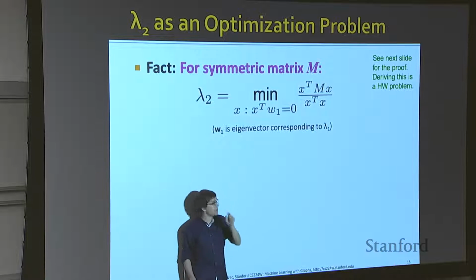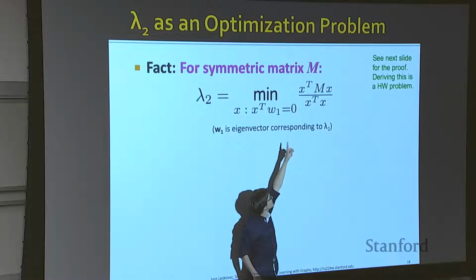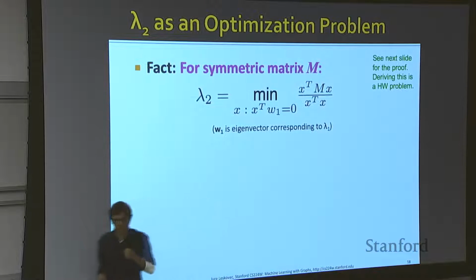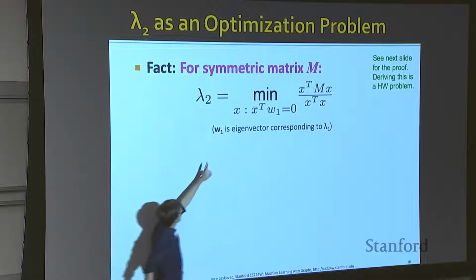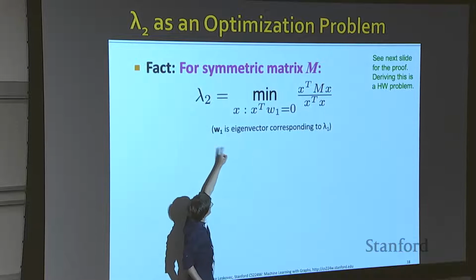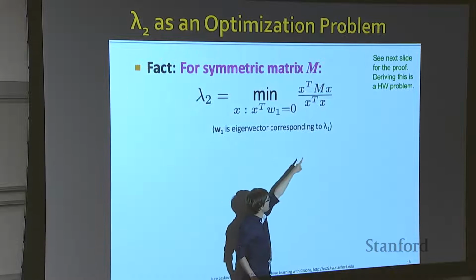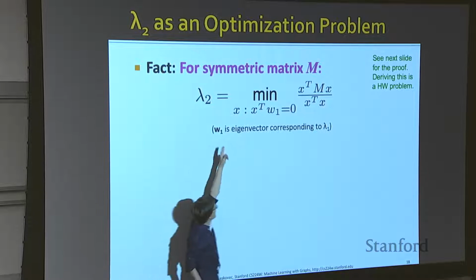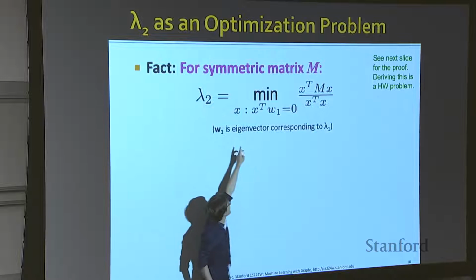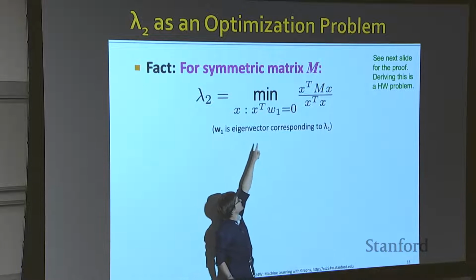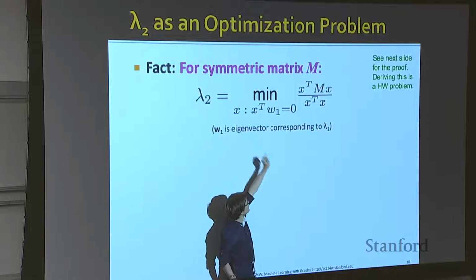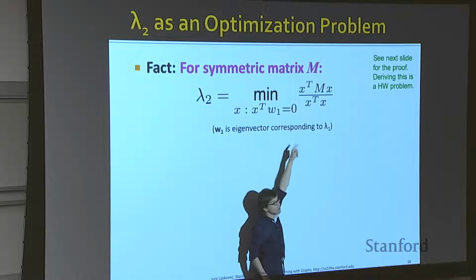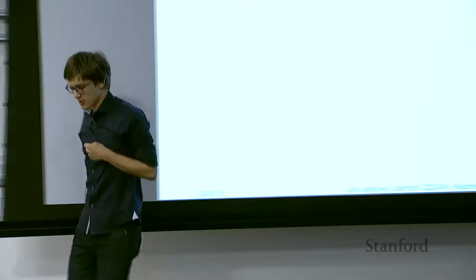Here I label it as W1. W1 is the eigenvector of M with the corresponding eigenvalue lambda 1, and the value of lambda 2 equals this optimization problem where I'm trying to find a vector x that is orthogonal to the first eigenvector and optimizes or solves the expression above.